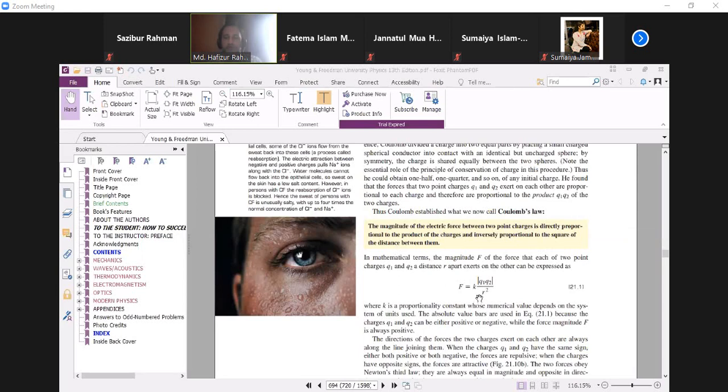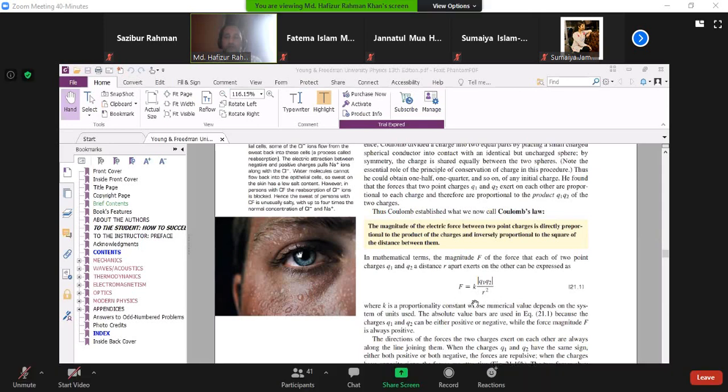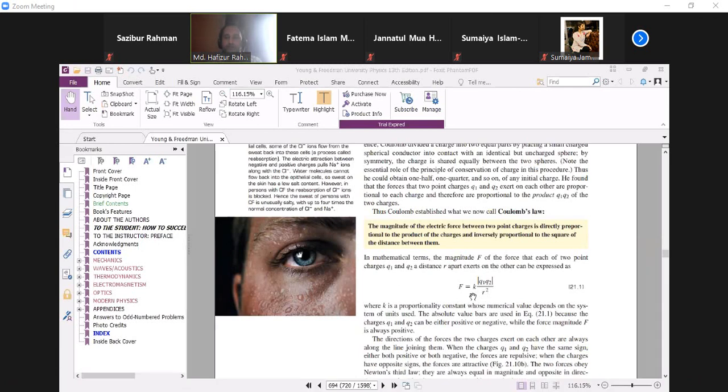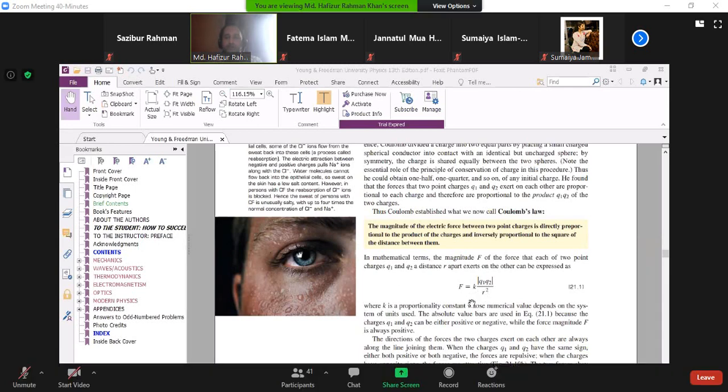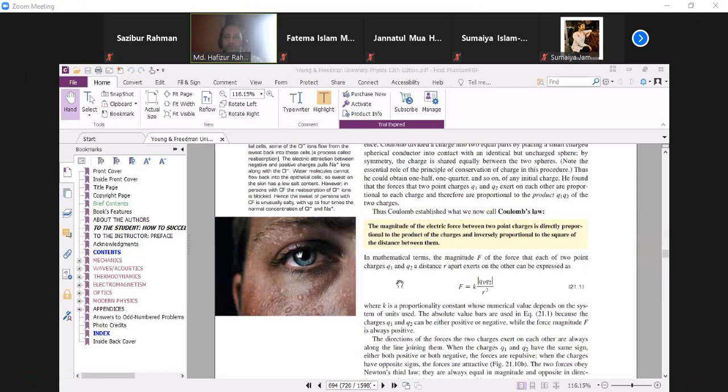So if we consider one particle that has charge Q1 and another has charge Q2 and distance between them is r, then according to Coulomb's law, we can write this, where K is a constant. So here modulus sign is given because this is an attractive force.